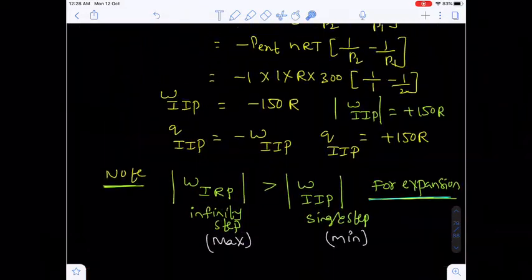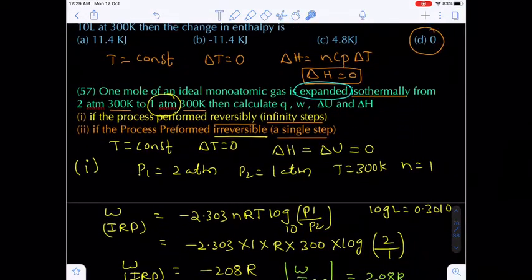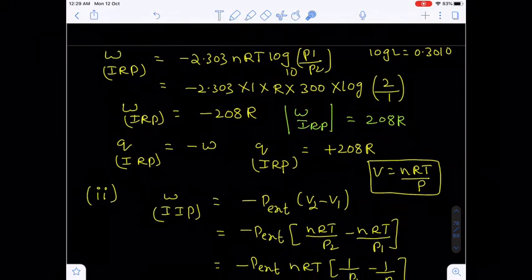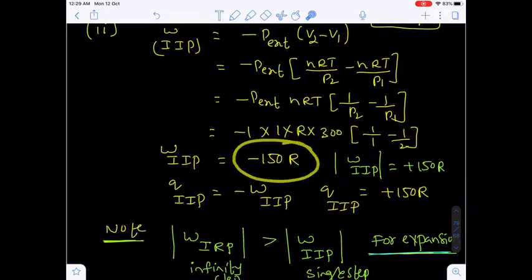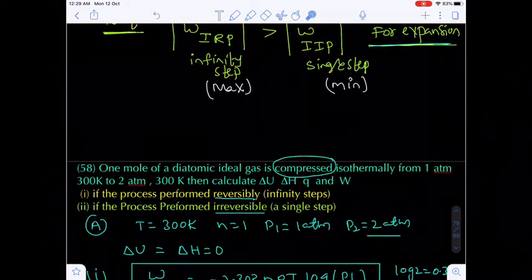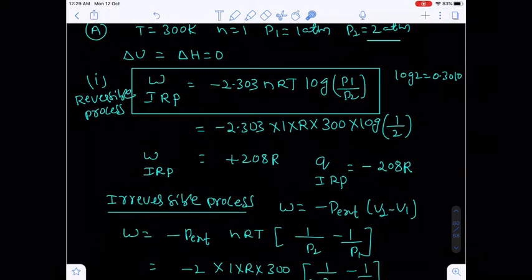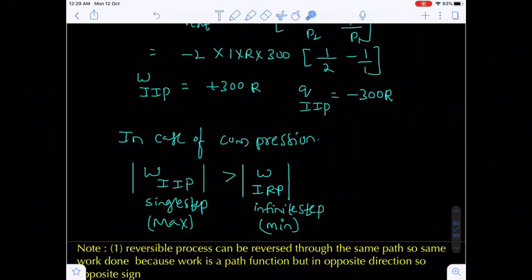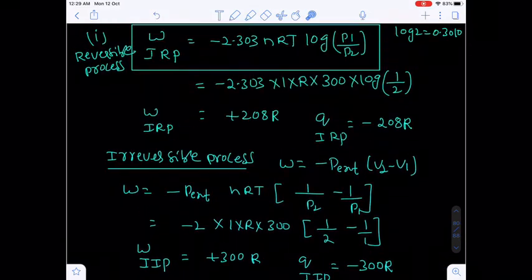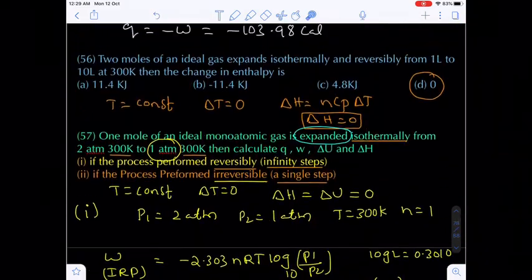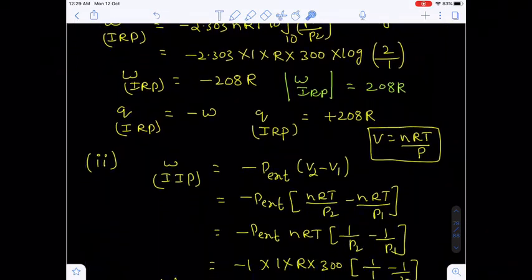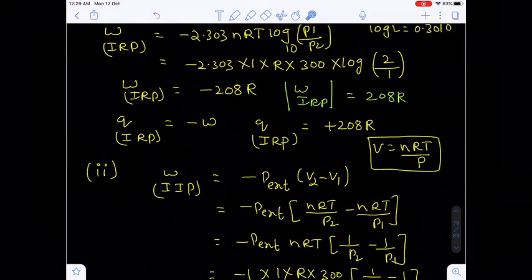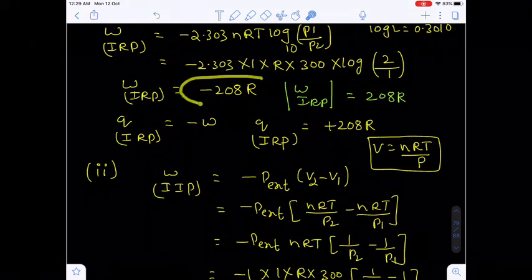You see, in the first case, in question number 57, what is the work done value here? Minus 150 R. But in this case, for expansion and compression, what will be the work done value? Minus 208.